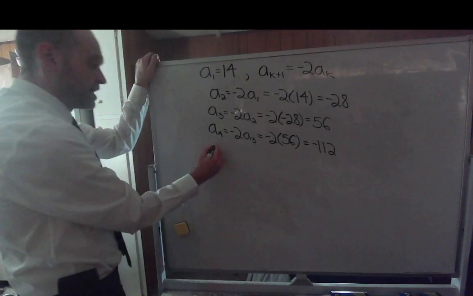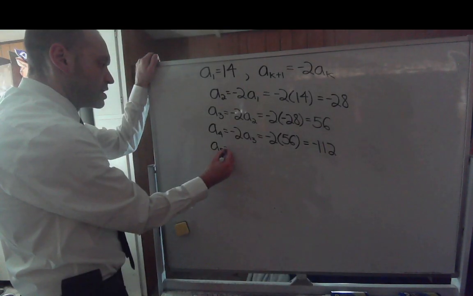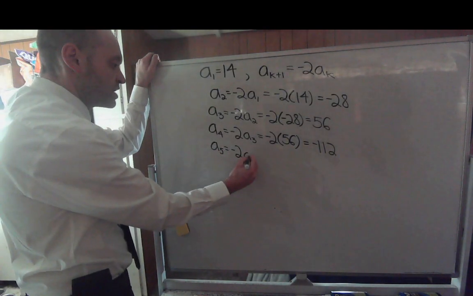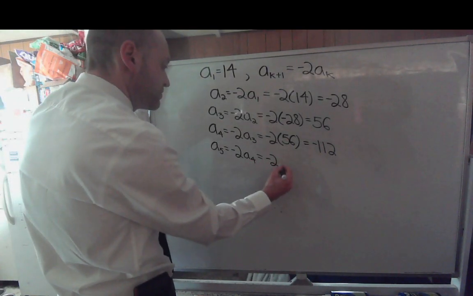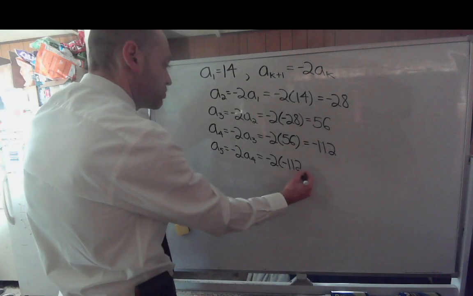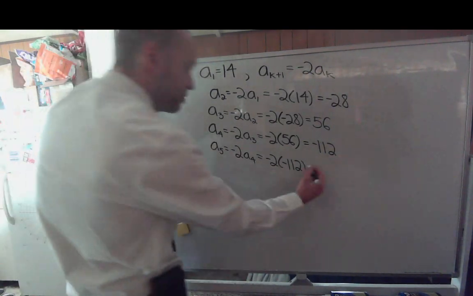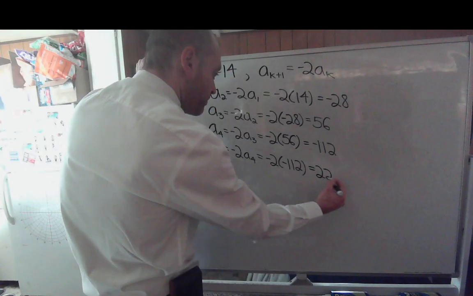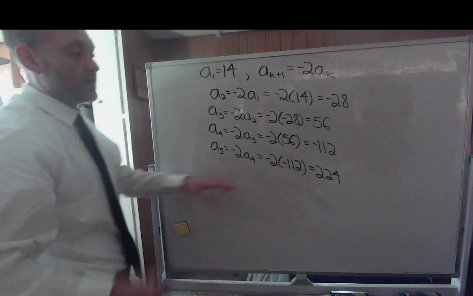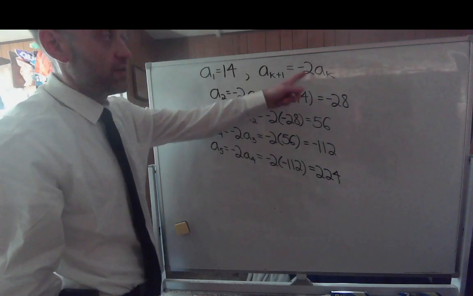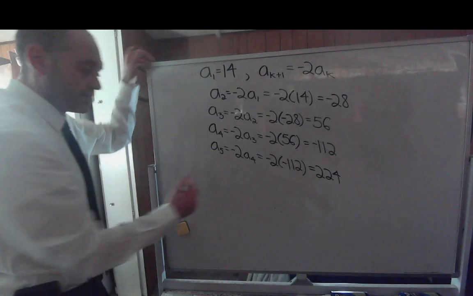And let's find my a sub 5 term. That's going to equal negative 2 times my a sub 4 term. So that would equal negative 2 times negative 112, which would give me positive 224. So using this recursive formula, to find the next term, you just take the previous term and multiply it by negative 2.